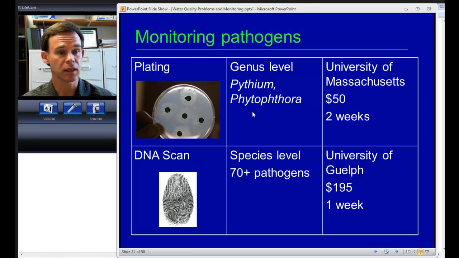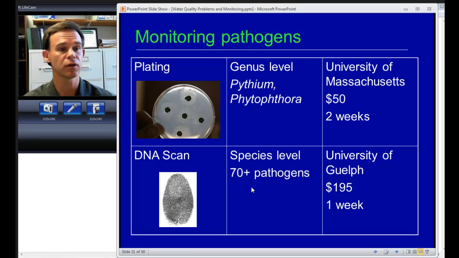Now that is only an identification to the genus level, and not all of these species are going to be either pathogenic to plants or pathogenic to the specific crops that you're growing. So you may want to get a sample sent for a more detailed analysis. For example, University of Guelph provides a DNA scan service.